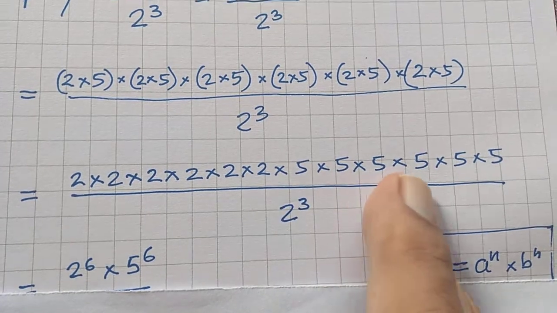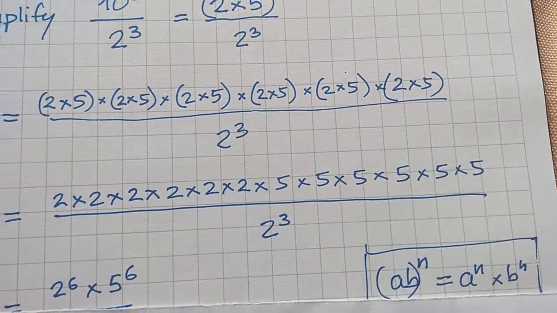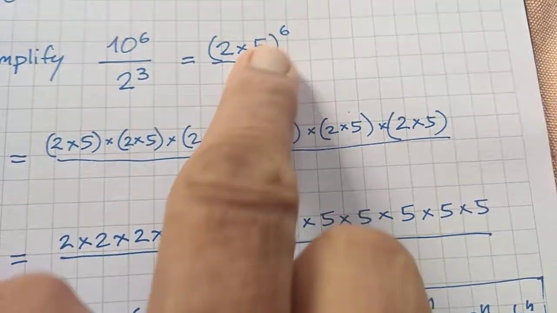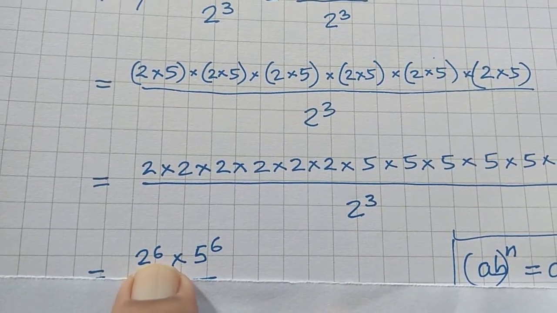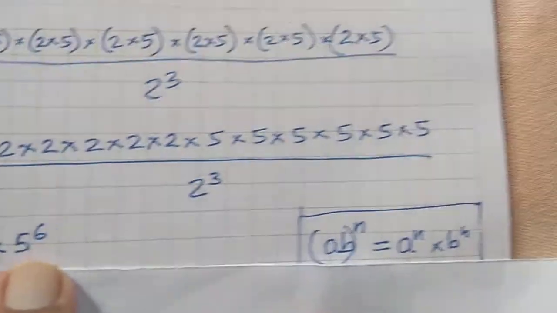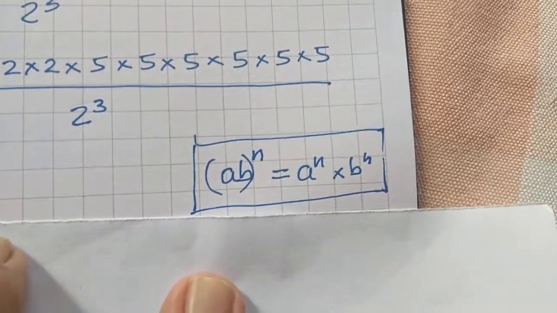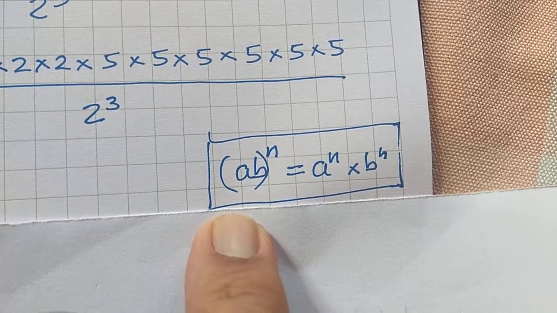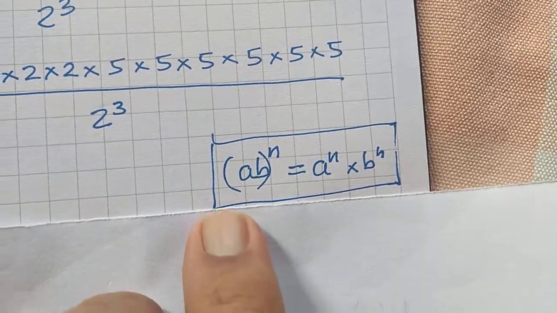Similarly 5 multiplied by itself 6 times is 5 to the power 6. So very interestingly, 2 into 5 to the power 6 is actually equal to 2 to the power 6 into 5 to the power 6, which leads us to another rule which I hoped you would derive on your own in this problem. But even if you haven't, this is something that you need to note down.